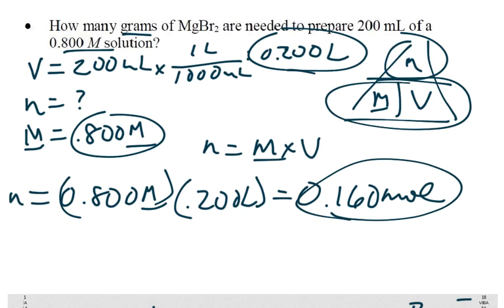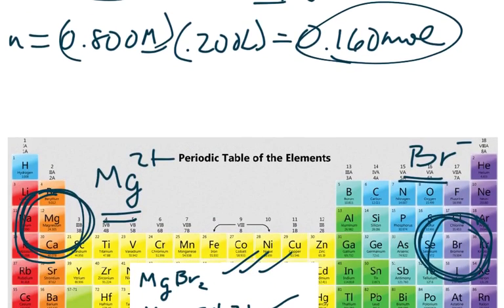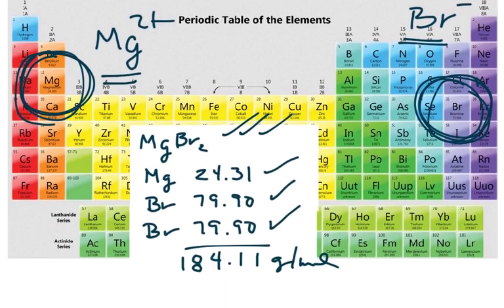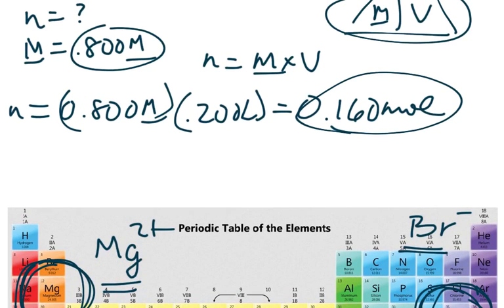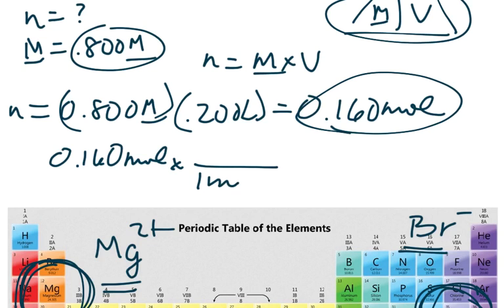Now that is a useful number, but that's not my answer because I went in grams. So now I have to go back and use the number I figured out down here, the 184.11. So my last step is 0.160 moles times, and I want moles on the bottom, because I want those to cancel, and I'm going to use my 184.11 grams on top, and then just going to multiply these numbers.